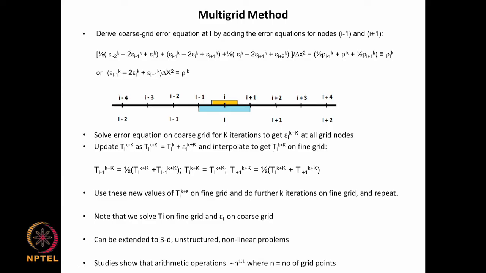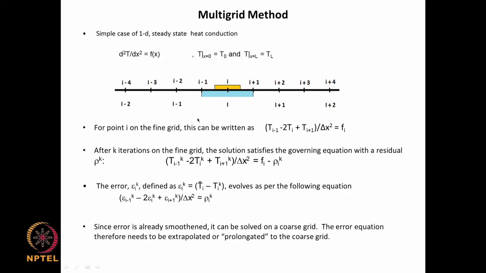Why do we say it is a better solution? Because you have run some more iterations, capital K iterations, and reduced the error by solving this residual equation here, and therefore it has less error and is a better approximation. Now, with this small T at i, k plus K as the initial guess, you solve this equation for another small k number of iterations, and that will reduce the error further.